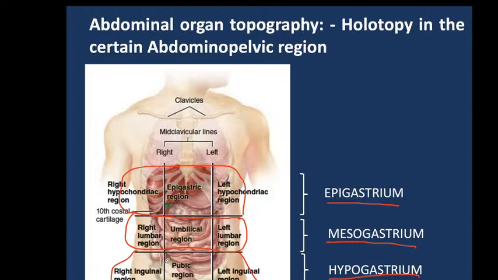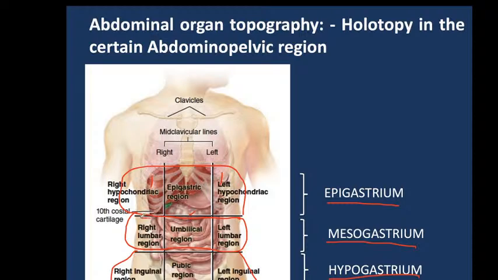Usually for clinical goals, for surgeons or therapists, we divide each part into three regions: right and left hypochondriac regions, here right, and this is the left, and between them is the epigastric region.